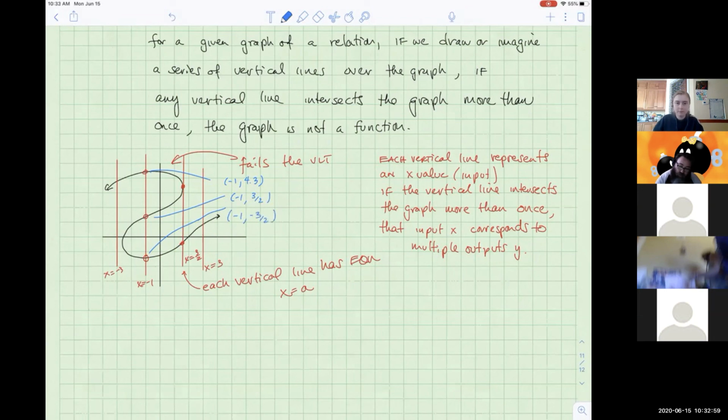And so what we have here is multiple outputs corresponding to a single input. Multiple outputs from one input. And so this fails the vertical line test, which implies that this is not a function.